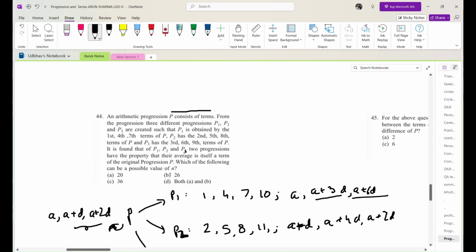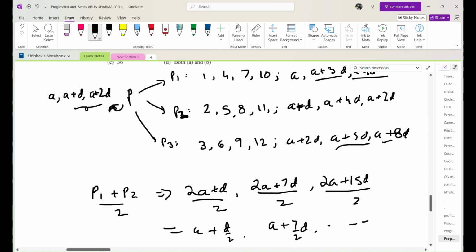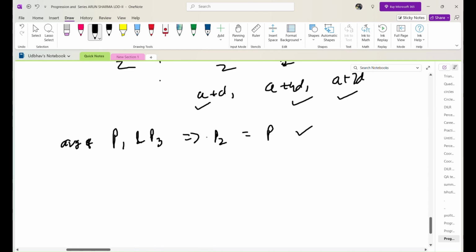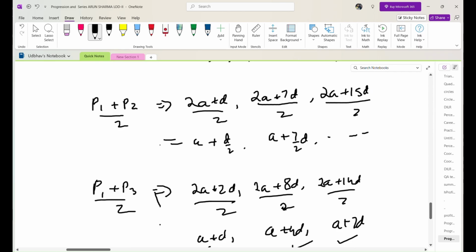Okay, so now we have to find the possible value of n. So we have to find till how many terms P should go. Let's check the options. Let's say 20.